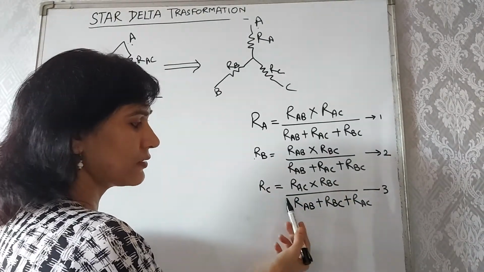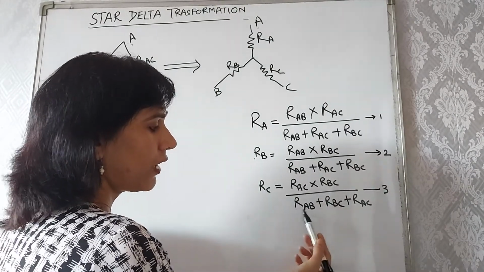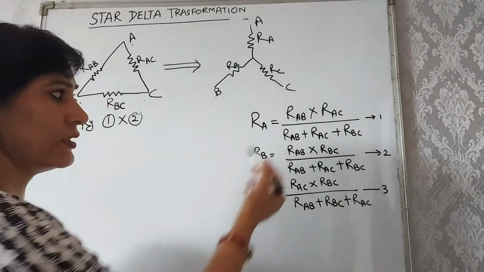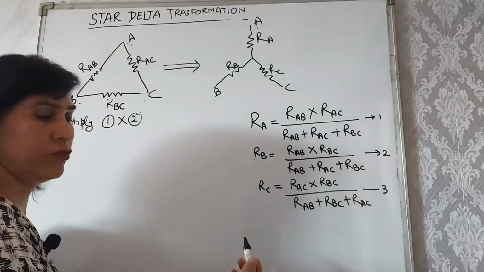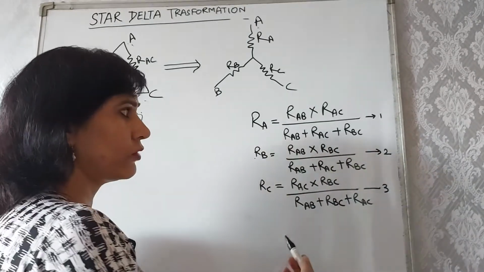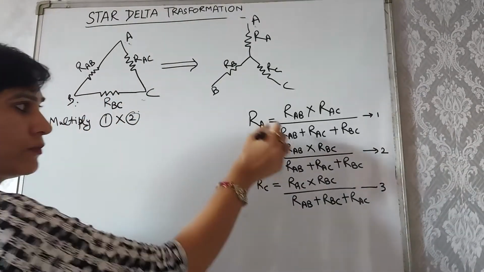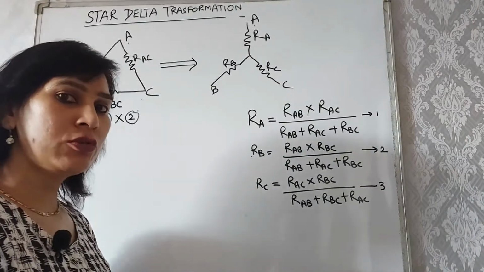And RC is equal to RAC into RBC upon RAB plus RBC plus RAC. These 3 formulas are for delta to star conversion, which we proved in the previous video. These 3 equations are given.